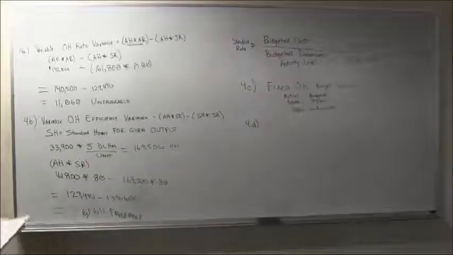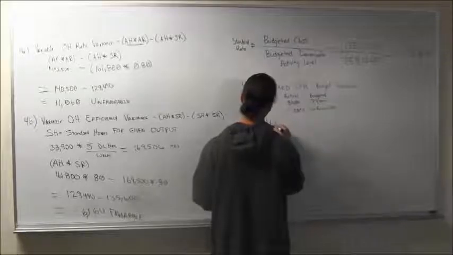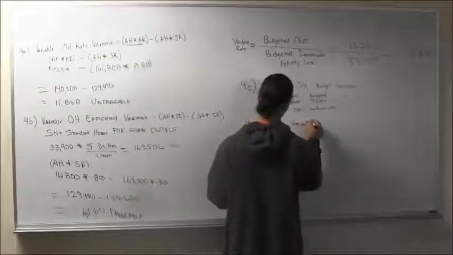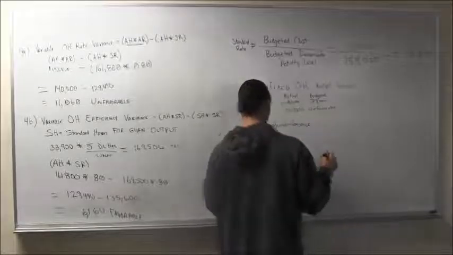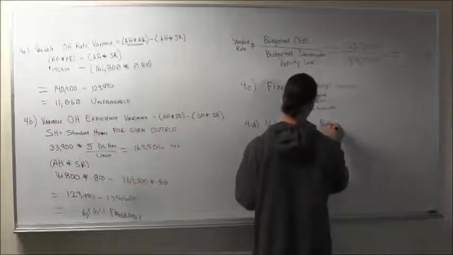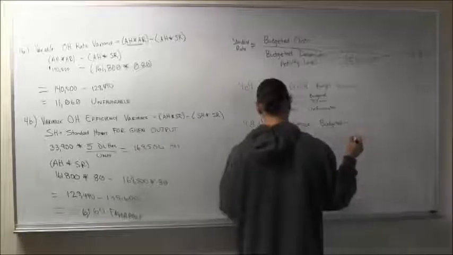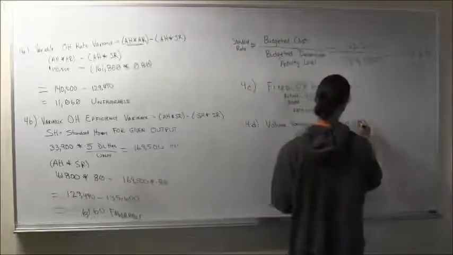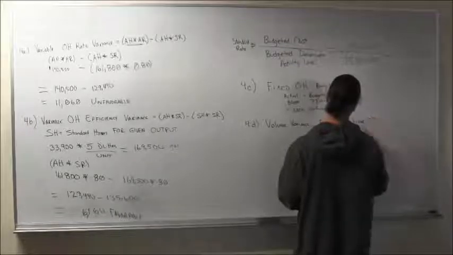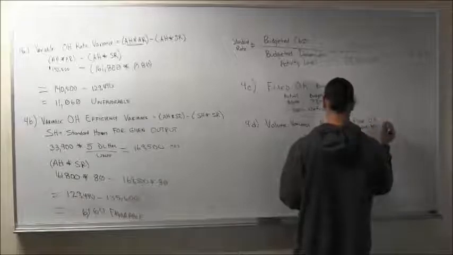So the volume variance. The volume variance is the difference between your budgeted and the fixed overhead applied to works in process.